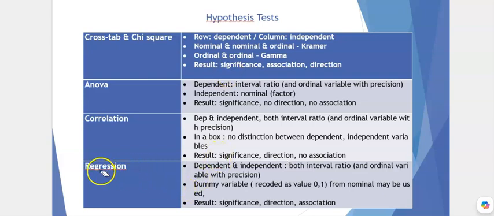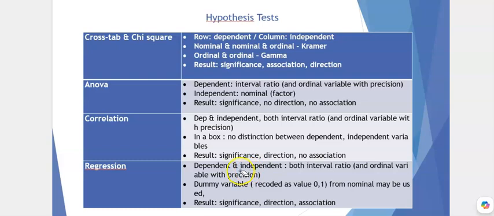And then the regression. That test produces the significance, direction, and association. You can see that the dependent and independent variables are clearly defined. So it's not like correlation; in the regression test you have a clearly defined independent variable and a clearly defined dependent variable.